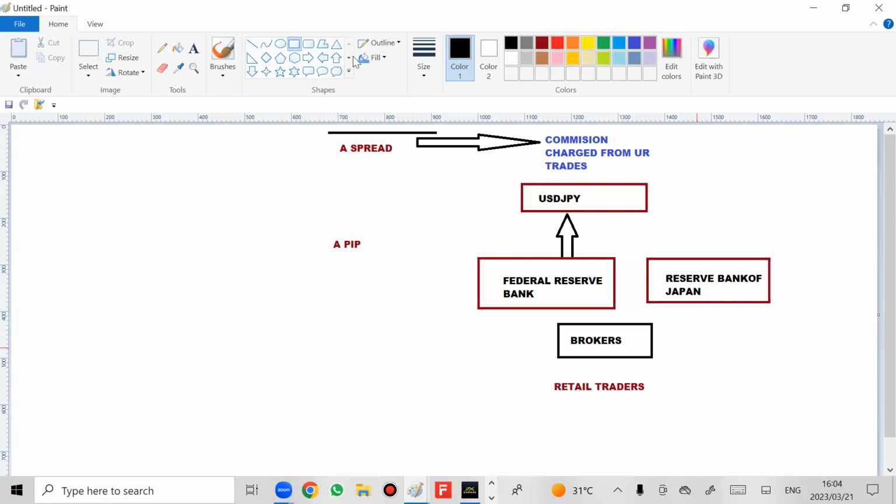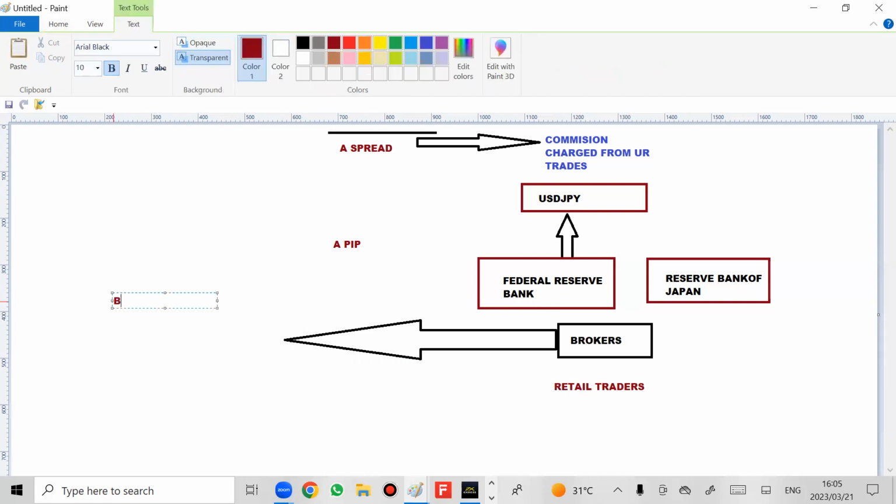You know the work of the broker. It links us to the bigger banks. So let's write down some points of the broker. Brokers link us to the big banks to be able to trade.